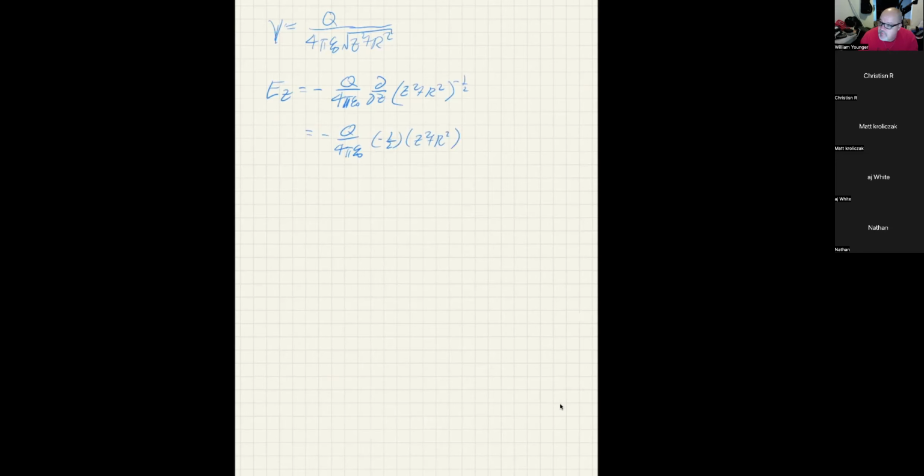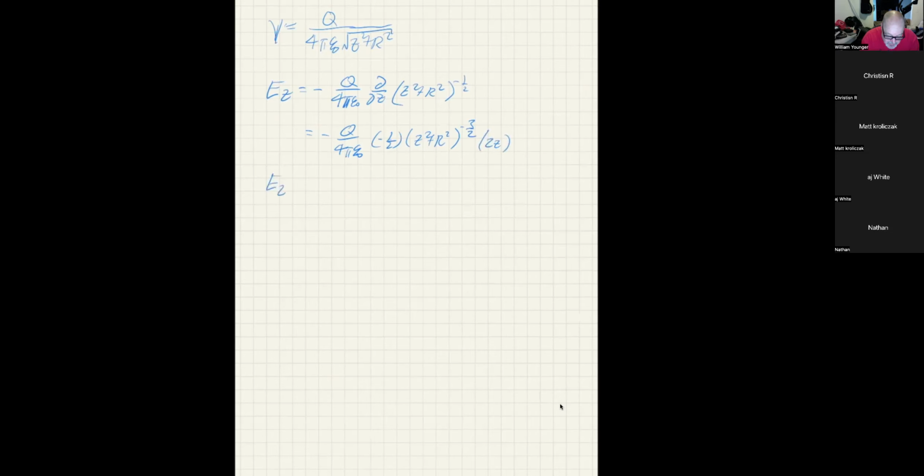So it had a power of negative 1/2. When I subtract 2 halves from that, I get negative 3 halves. And now I've got to apply the chain rule and take the derivative of what's inside of the root, which is z squared plus r squared, with respect to z. Notice I'm just pretending like all the other numbers are constants. The derivative of z squared plus r squared with respect to z is just 2z. So you can see the 2's cancel out. You can see the negatives cancel out.